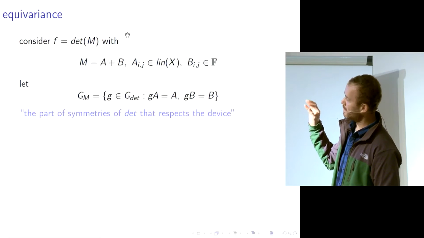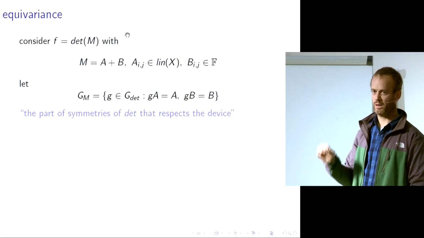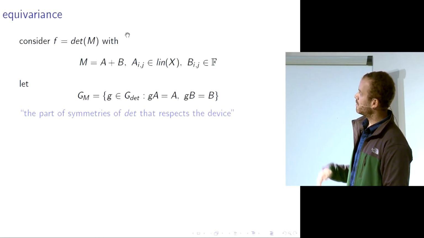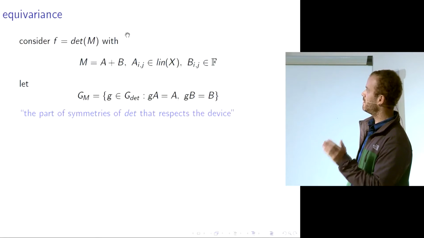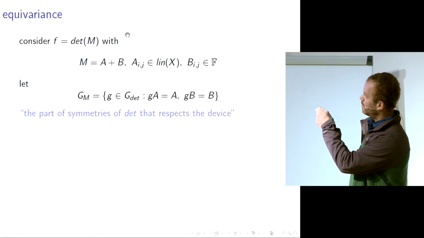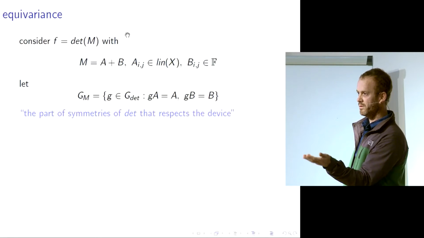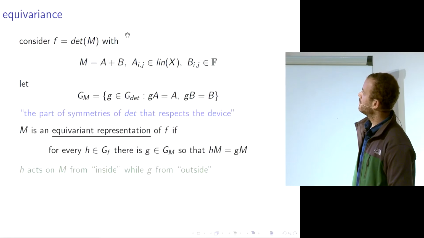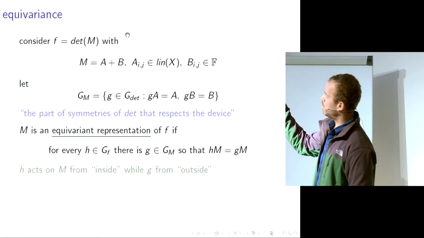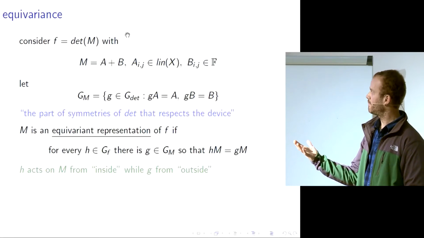So G of M is the part of the thing that fixes the determinant that also fixes M. So it's the part of the symmetries of the determinant that also works well with this specific device we have, this specific M. So now, when is the matrix M a good or symmetric representation?